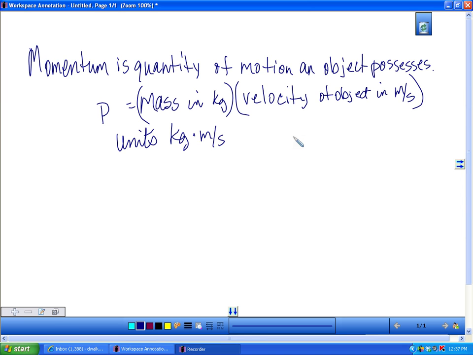Now, this really comes from Newton's second law, F is equal to ma. And we know if we apply a force, we're going to cause the object to accelerate. So we can say that F is equal to m delta v over delta t. Or we can rewrite that as F delta t, a force applied over a period of time, is going to cause a change in momentum. Is everybody okay with that?